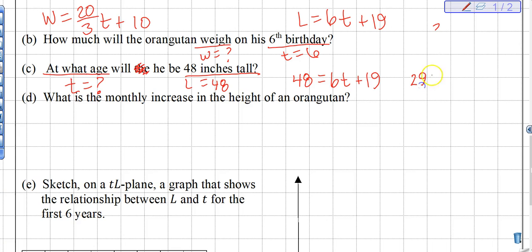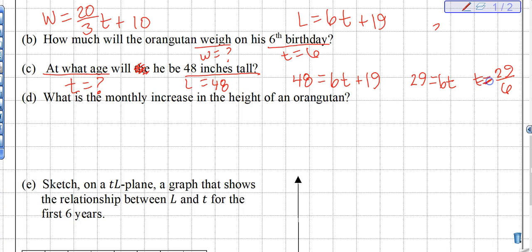So I think 29 equals 6T. And then, so T equals 29/6, which you would never answer the question, well, he's 29/6 years old. You would change that. I would like to see you change it into years and months.